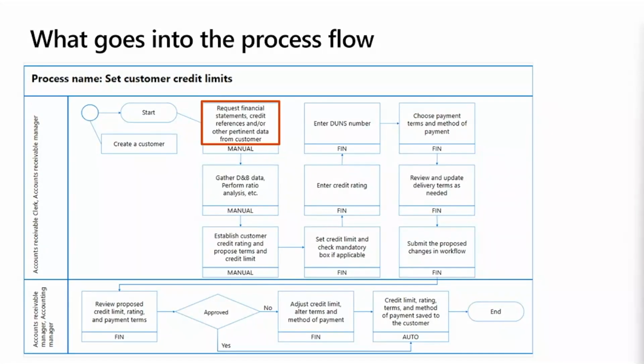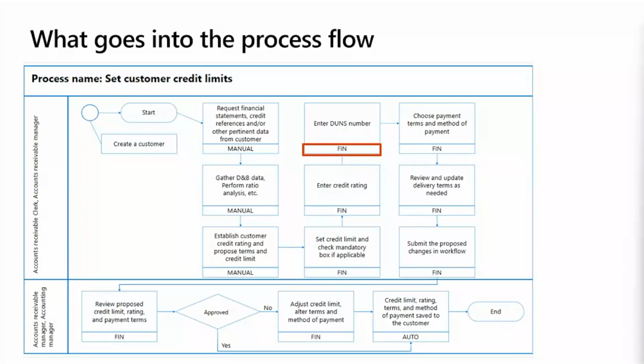Next, you'll create one step or one task, if you will, an activity for each business process that needs to be executed for that particular process to reach the objective of setting the customer credit limits. Each step that you add will have a smaller box underneath it that indicates which application the process is done in.